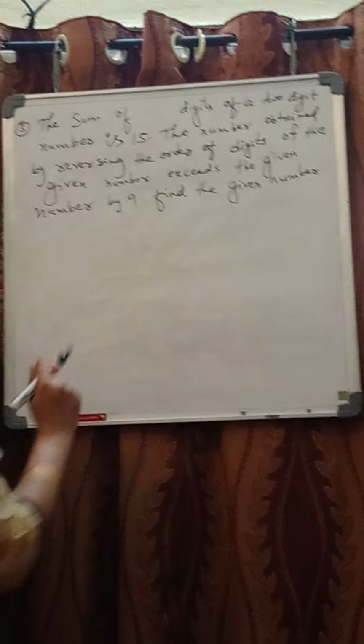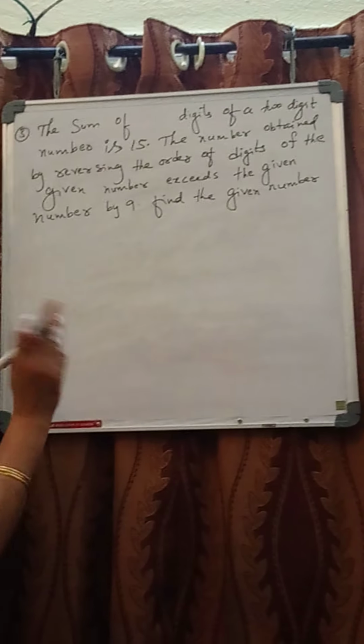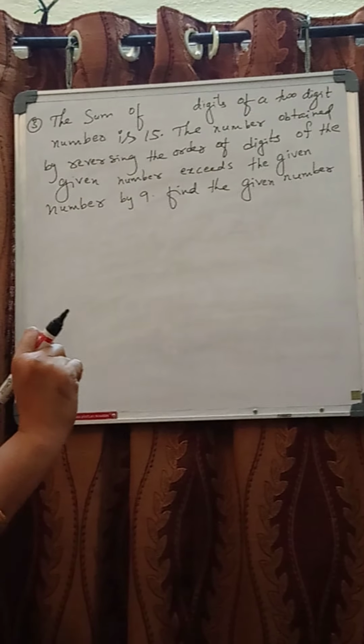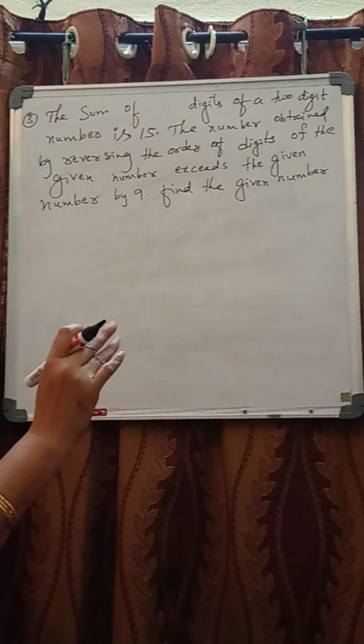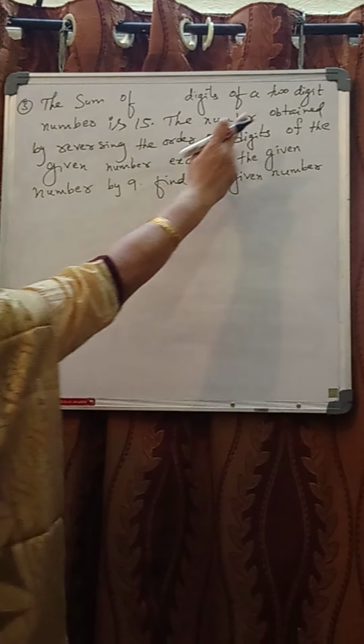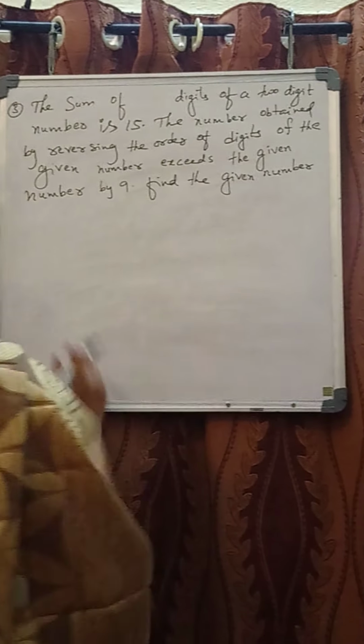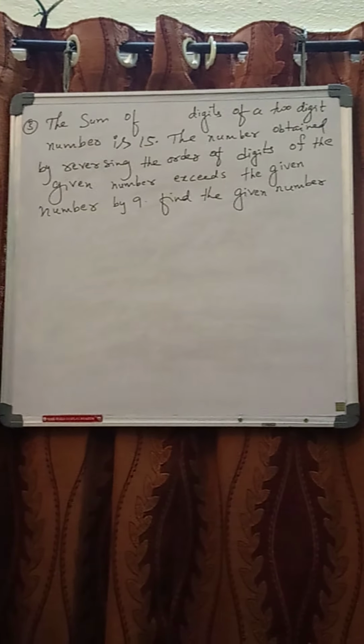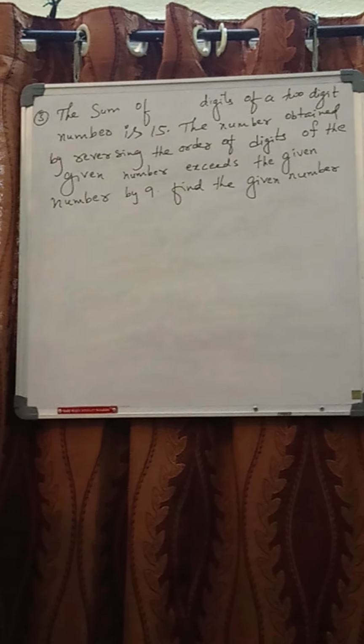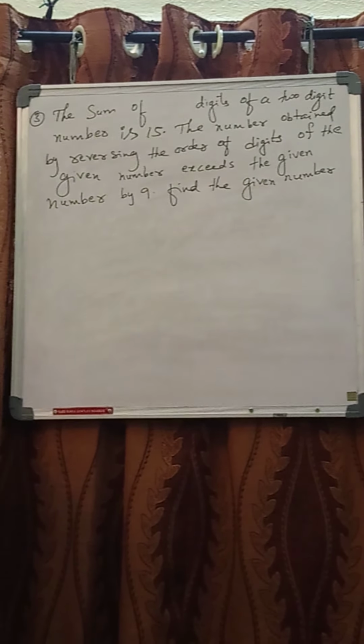Sum, S-U-M, means addition of the two digits here. Find the given number. Is it clear?